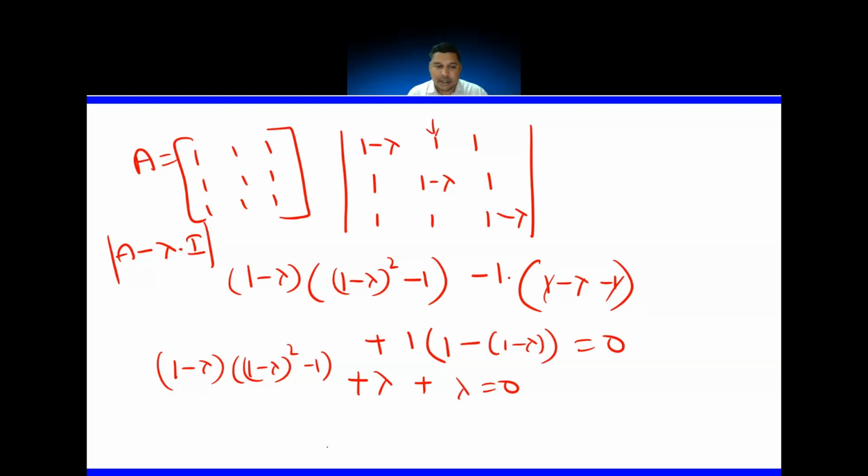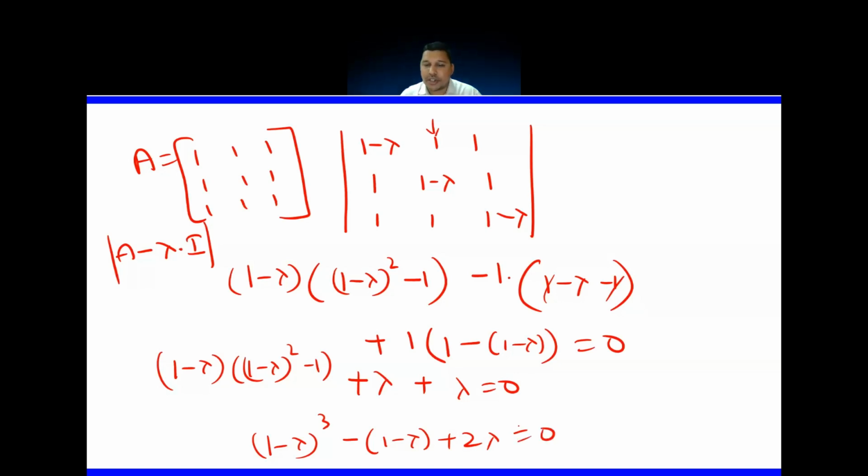So you have 1 minus lambda whole cube minus 1 minus lambda plus 2 lambda equal to 0. If you expand it and solve it, you will get lambda values as 0, 0 and 3.